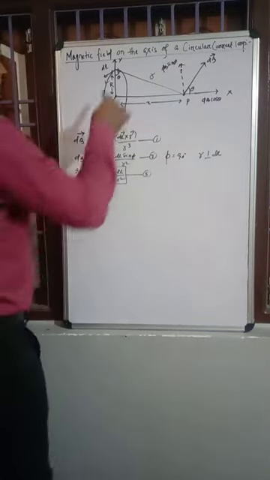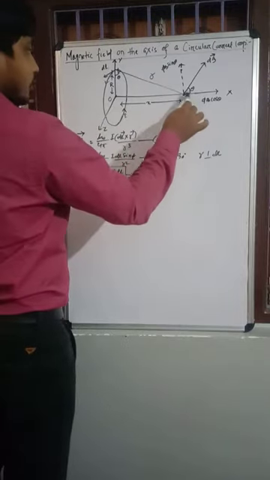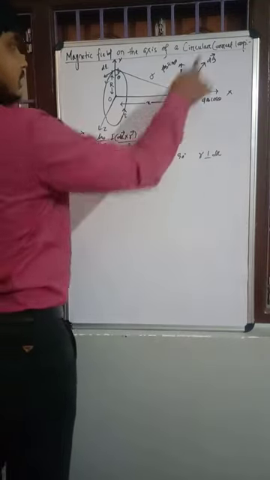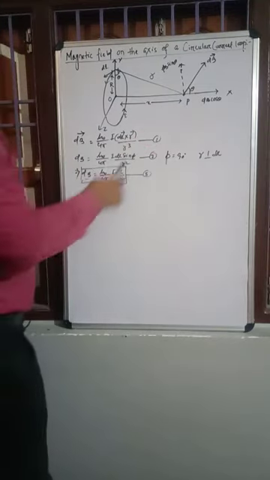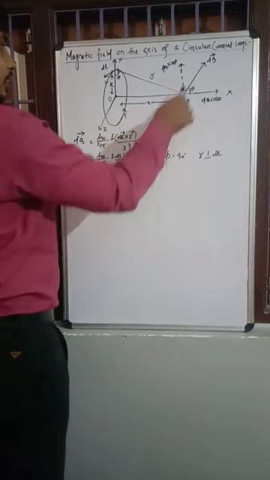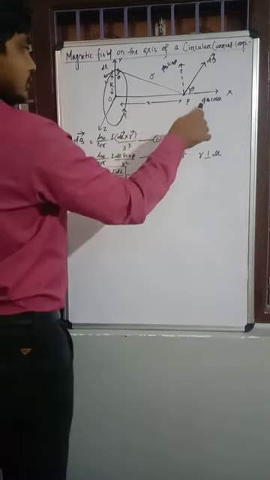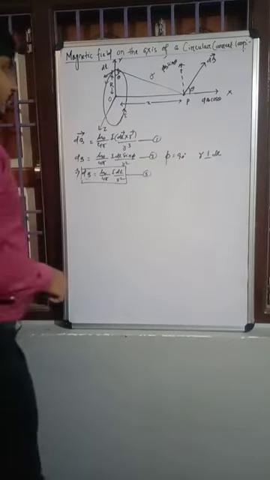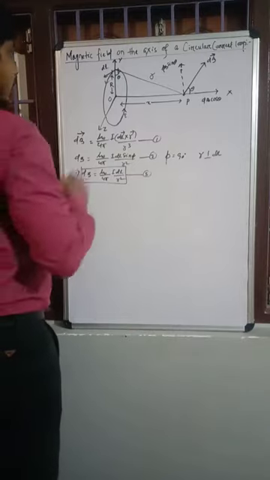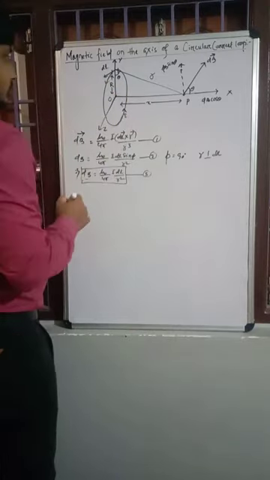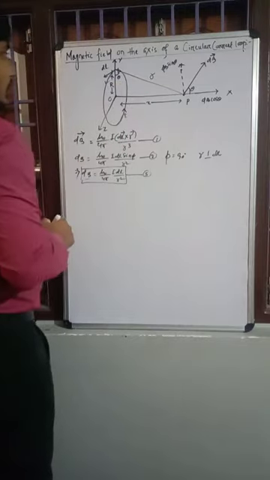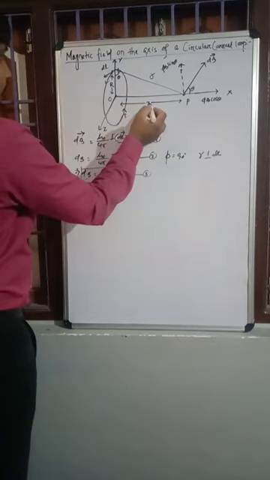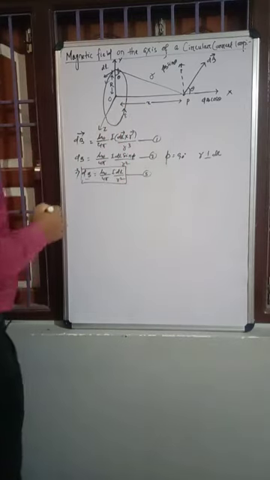Okay, so due to this current element dl, we have the magnetic field dB, whose magnitude is mu naught by 4 pi I dl by r square, which is directed perpendicular to the position vector r. And at this point P, the dB is resolved into two components, the horizontal component and the vertical component, dB cos theta and dB sin theta. And you can also see that this is a right angle triangle, and the value of r square is x square plus R square from Pythagoras theorem.